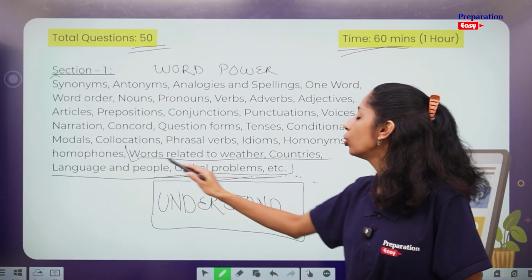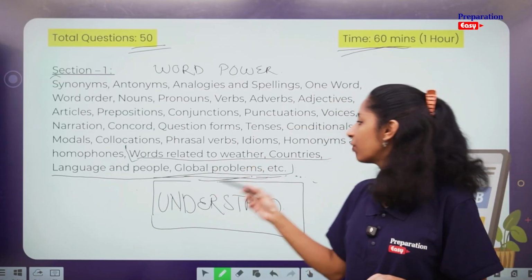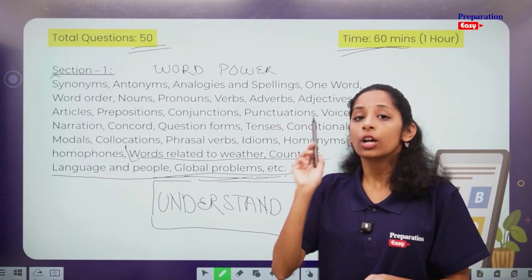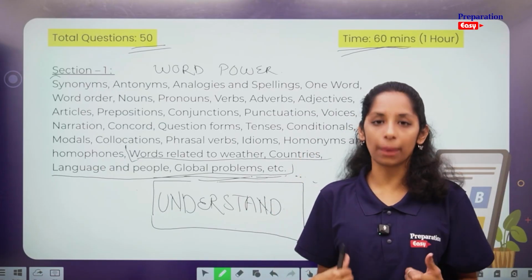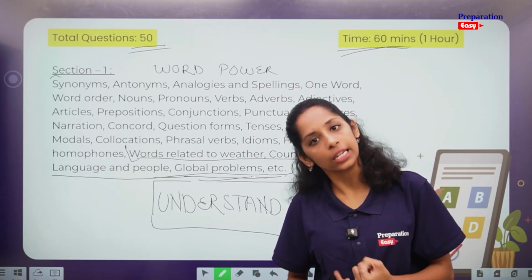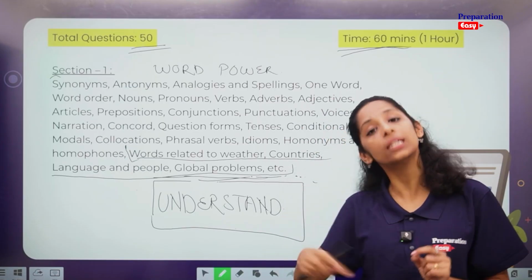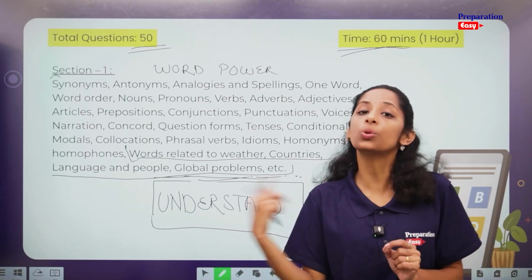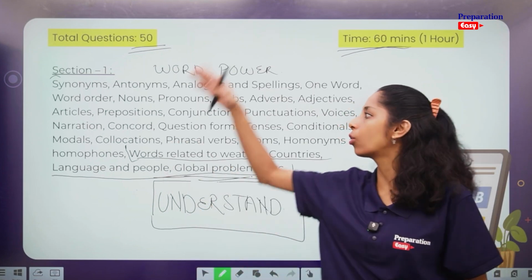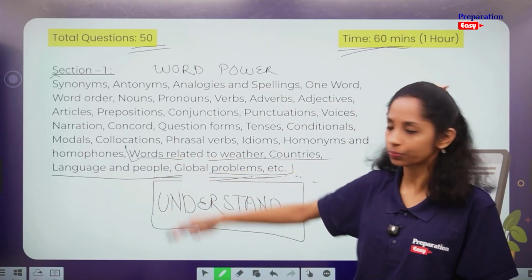I am going to tell you how we are going to prepare for these topics, but you are going to prepare by yourself, because you have to read daily, make points daily, and underline or pick the words that you don't know. You have to understand the word, the meaning, the utilization of the word, and that is how you are going to prepare for Section 1 and specifically this part.